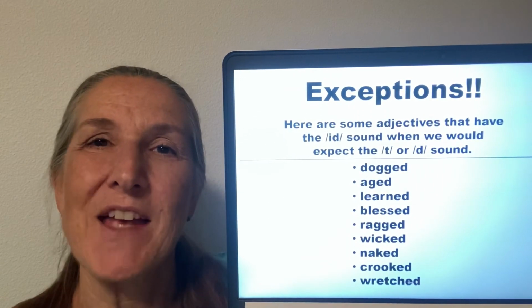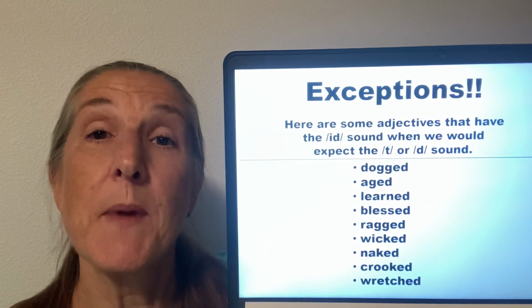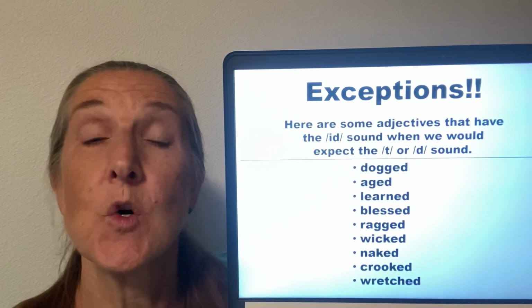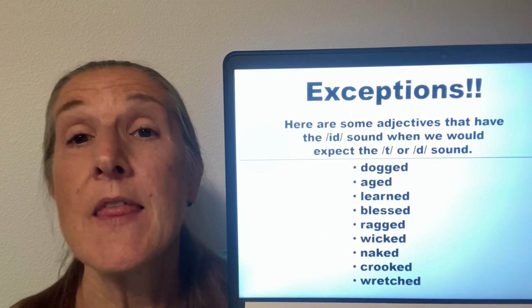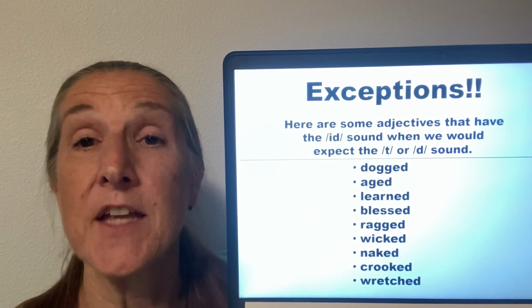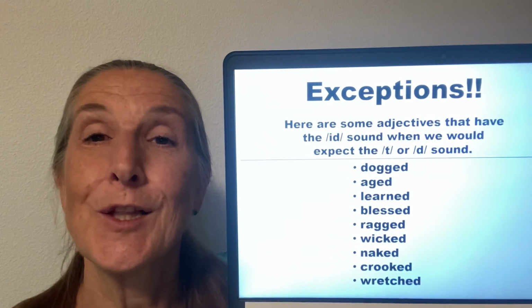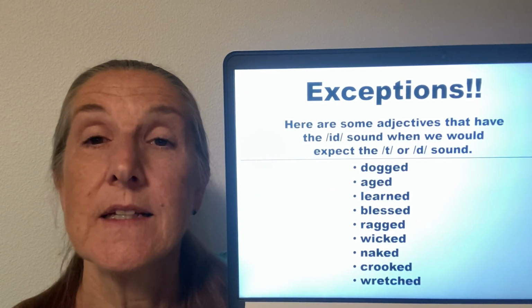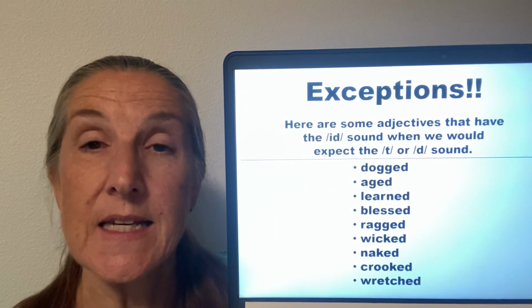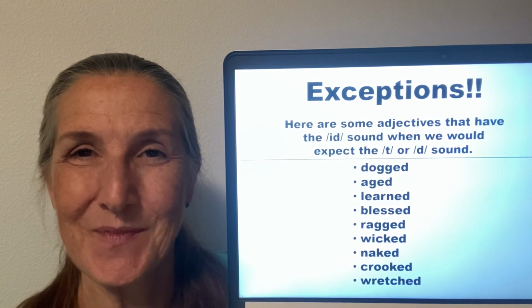Here are some adjectives that have the id sound when we would expect them to have either the t or the d sound. I'm going to read each of these words as they would be said if they are adjectives. Dogged, aged, learned, blessed, ragged, wicked, naked, crooked, and wretched.